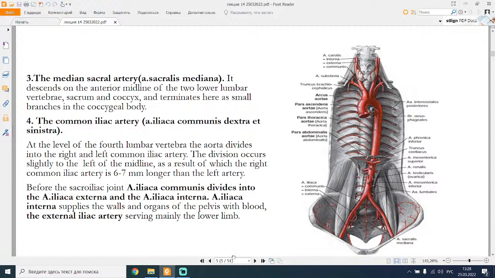The internal iliac artery supplies the walls and organs of the pelvis with blood. The external iliac artery serves mainly the lower limb.